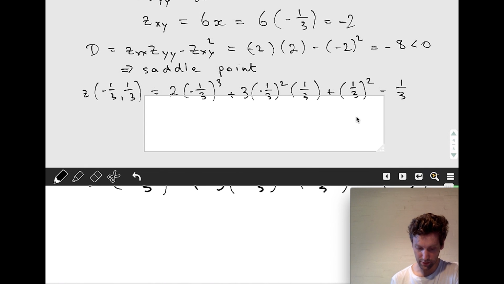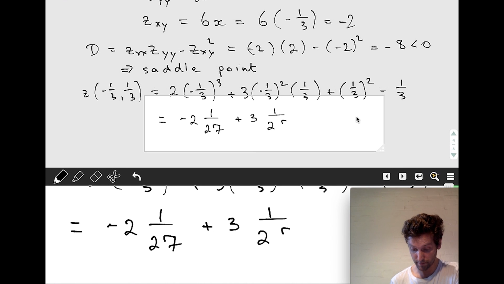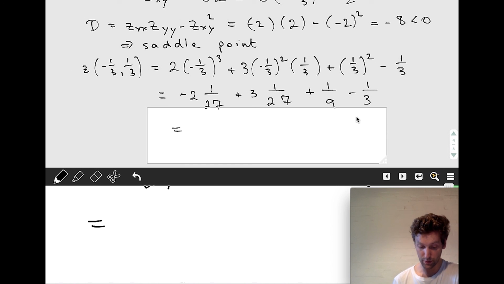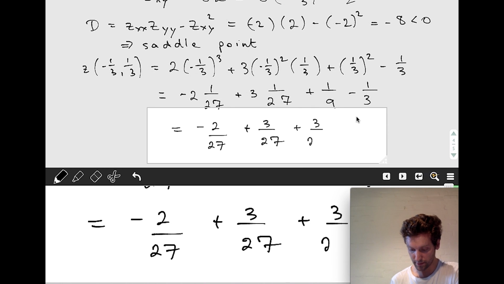So that's going to be equal to 2 times minus a third cubed, which is minus 2/27, plus minus a third squared times a third, so that's going to be plus 3 times 1/27, plus 1/9 minus a third. Let's put everything over 27: minus 2/27 plus 3/27 plus 3/27 minus 9/27.